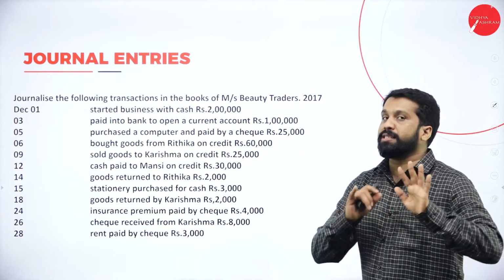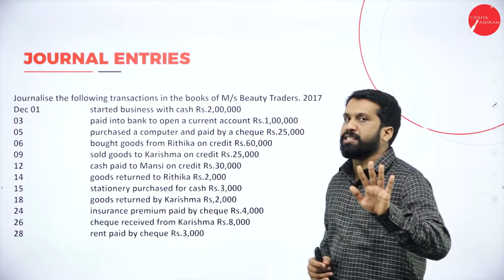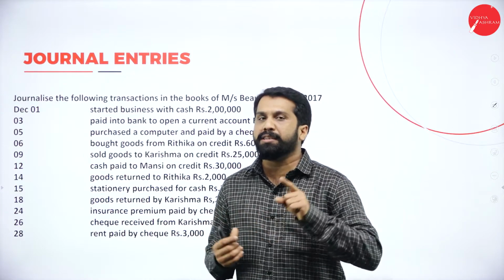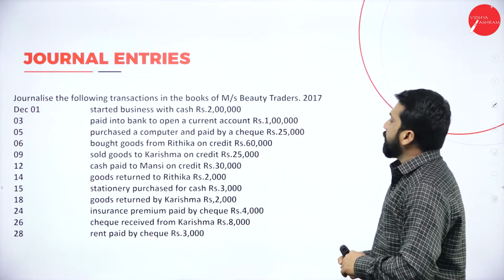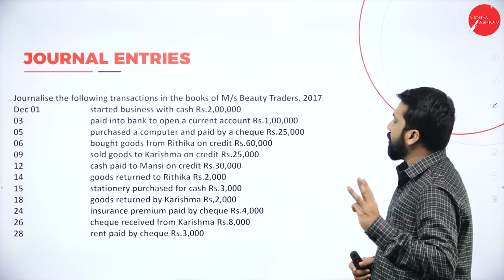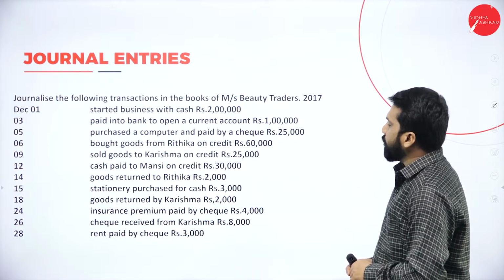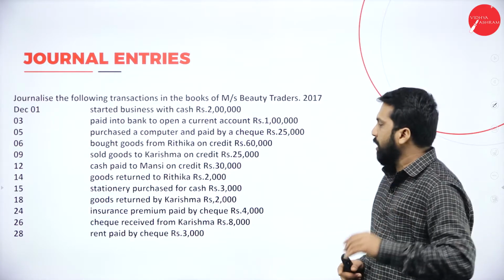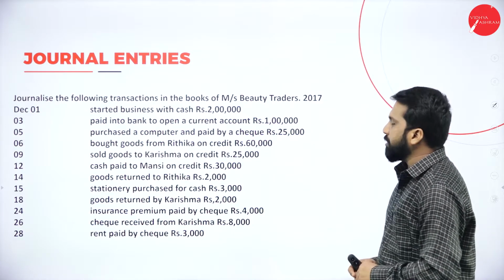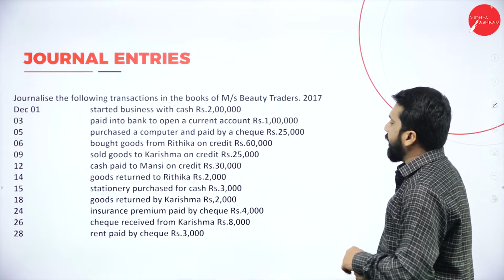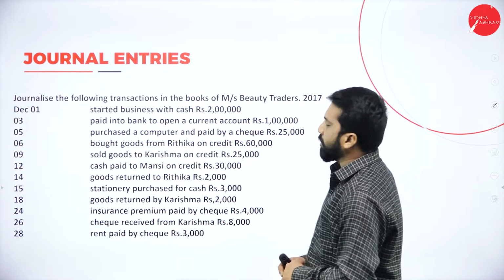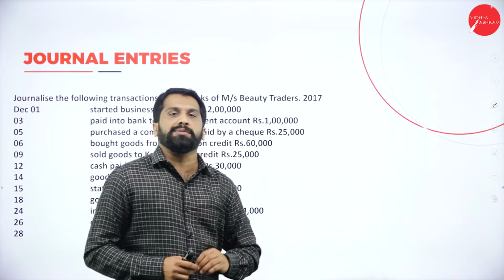This is your 6th logic. Up to 5 I explained to you; the 6th one I'll explain today. Stationery purchased for cash 3,000. Goods returned by Karishma 2,000. Insurance premium paid by cheque 4,000. Cheque received from Karishma 8,000. And rent paid by cheque, rupees 3,000.